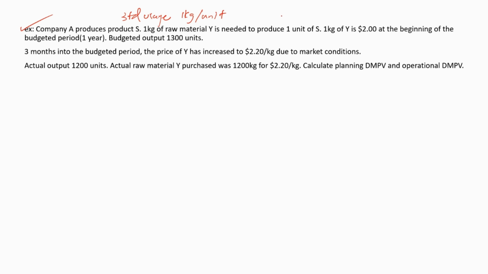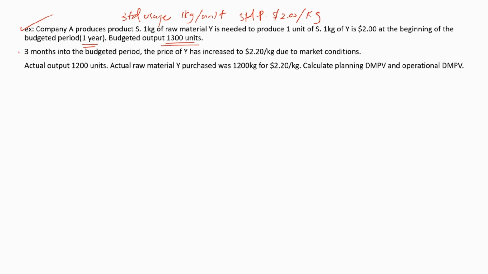And 1 kilogram of Y is $2. This means this is per kilogram. This is the standard price at the beginning of the budgeted period. Budgeted period is given here, 1 year. Budgeted output is 1300 units.